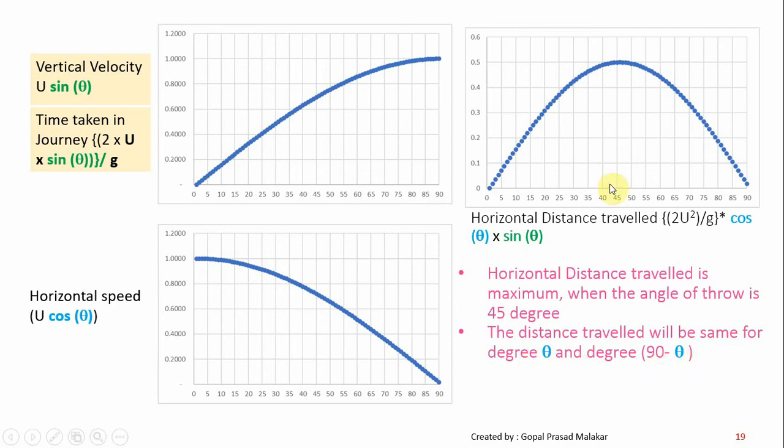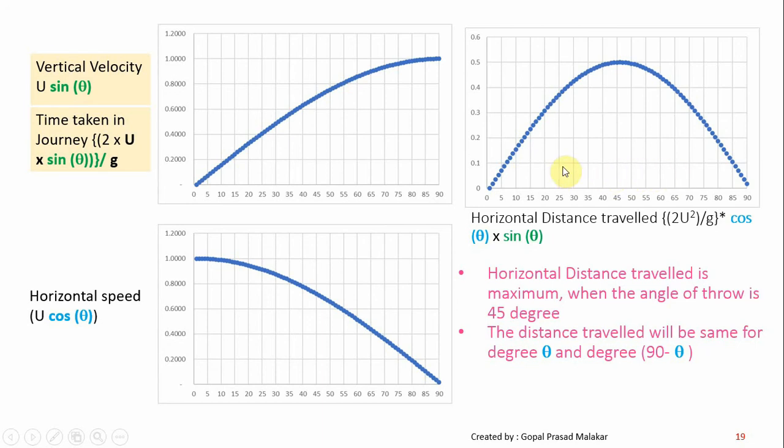So if you look at both sides around 45, because it's 0 to 90, it's coming that way. As far as you are away from 45 in any direction, it will be the same thing. So from 45, if you take 20 less, it is 25. The horizontal distance at 25 will be the same as at 45 plus 20, 65.